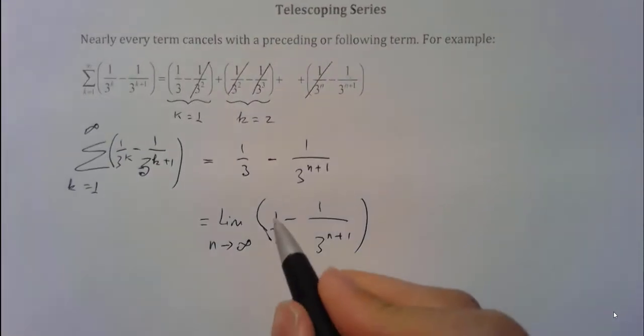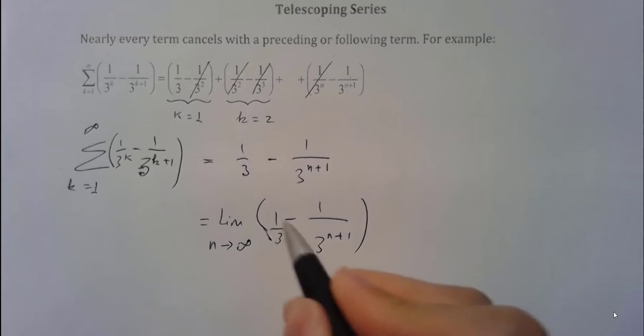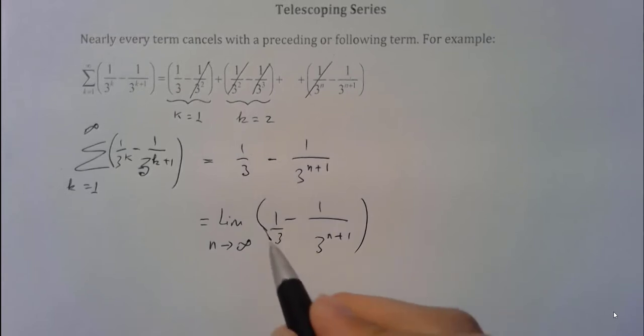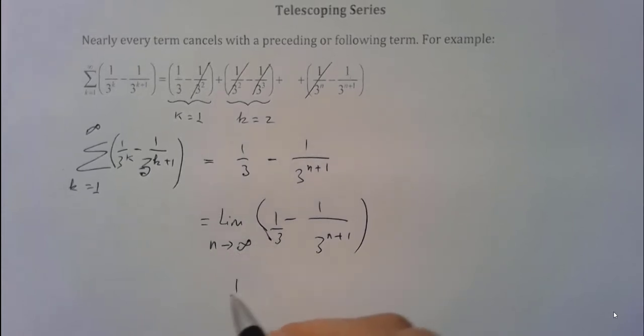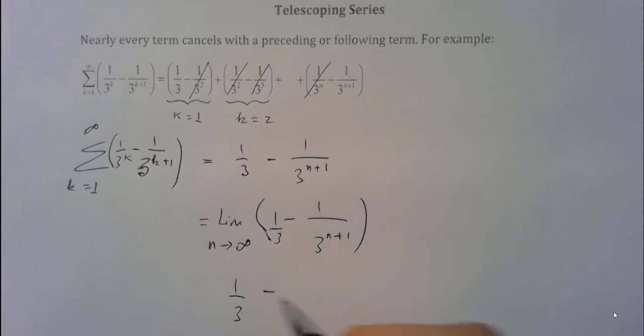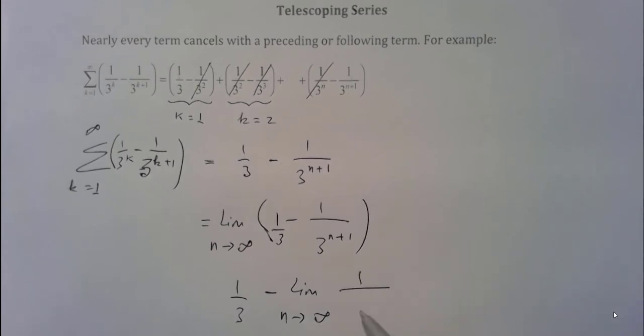Now, the 1/3 for the first term doesn't involve n, so the limit as n approaches infinity of 1/3 is the same thing, 1 over 3. Now we have to bring the limit to the second term, the limit as n approaches infinity of 1 over 3 to the n plus 1.